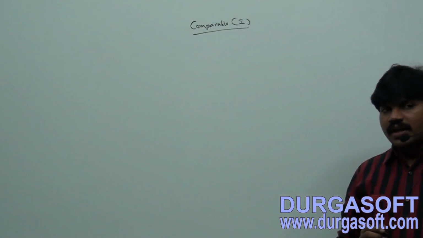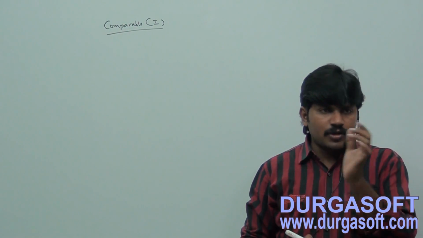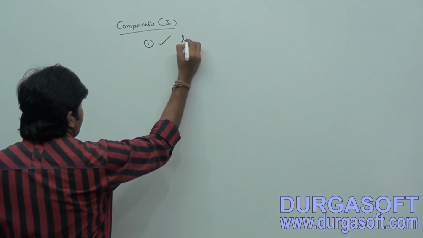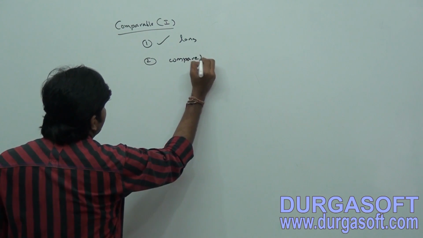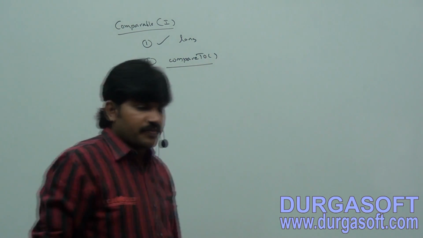How many methods does the Comparable interface contain? Only one method, the compareTo method.